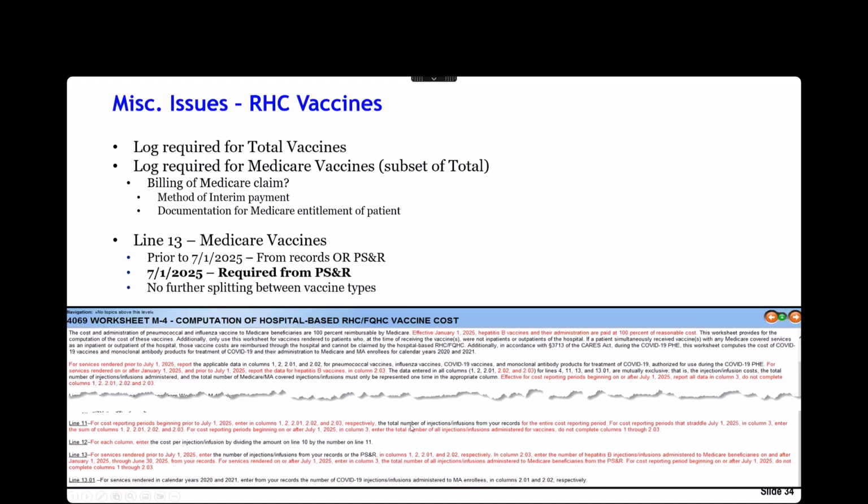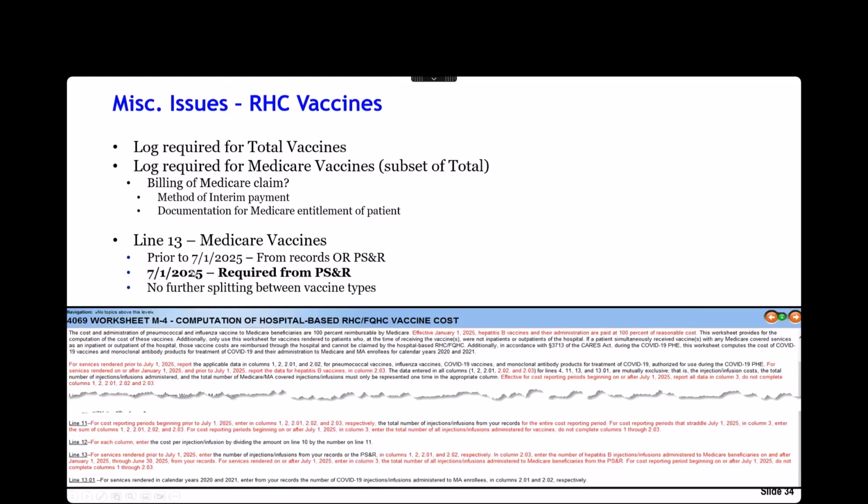Actually, you know what? Think about that. No, that's not right. That rule is for cost report periods beginning. However, here it talks about if they straddle July 1st, 2025, that's the break off point. So it is service dates for this required for the PSNR. It's the service date that matters there.